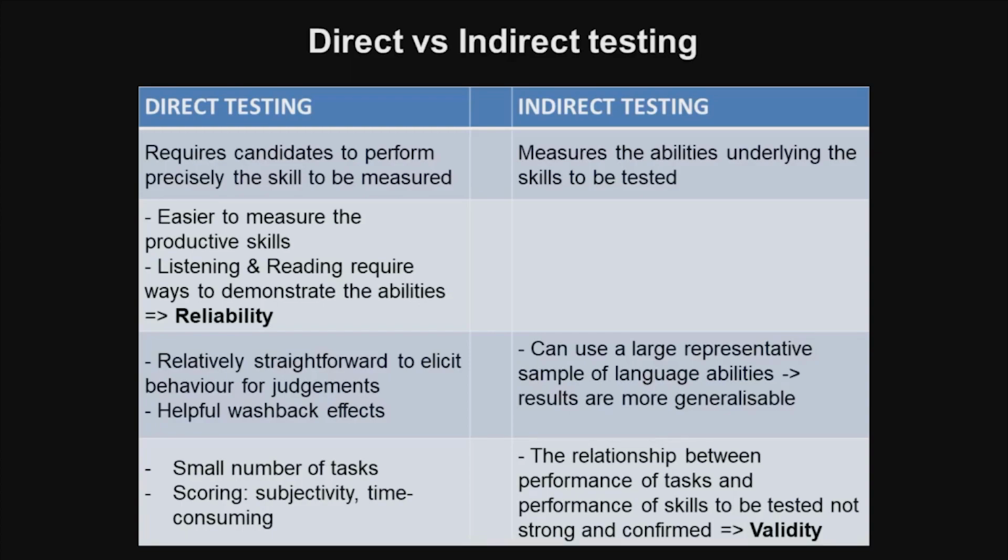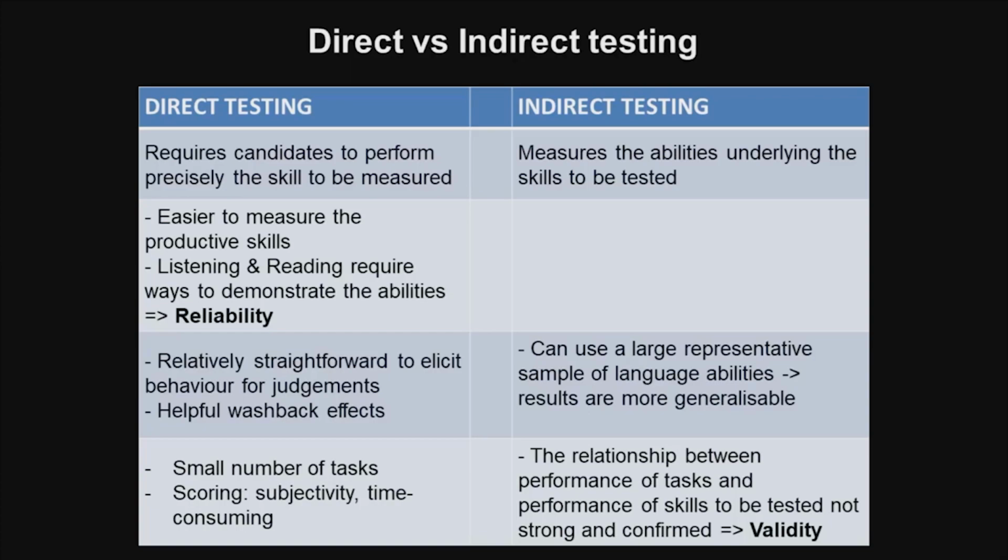Of course, indirect testing has some advantages. The first one is that with this type of testing, you can use many tasks. The number of tasks can be much greater than direct testing, like multiple choice, true, false, rearranging or reordering.